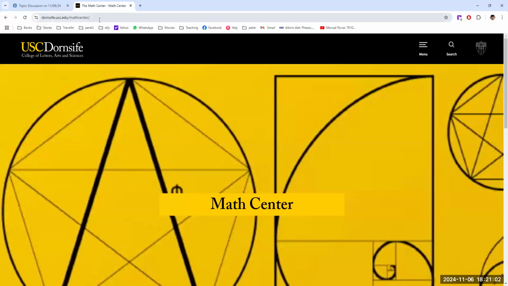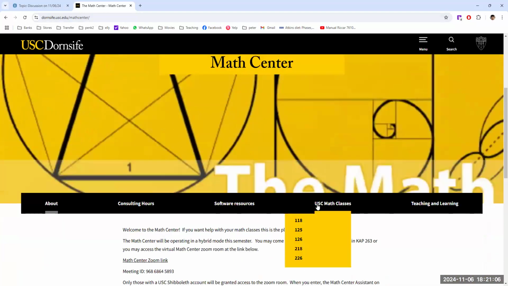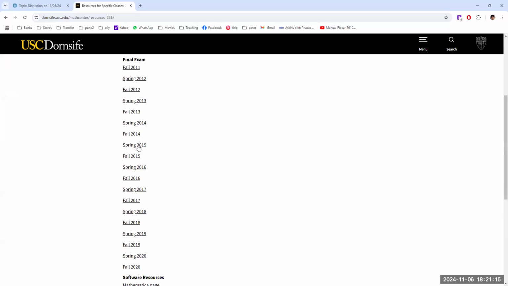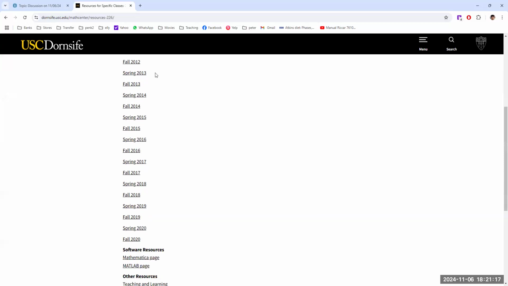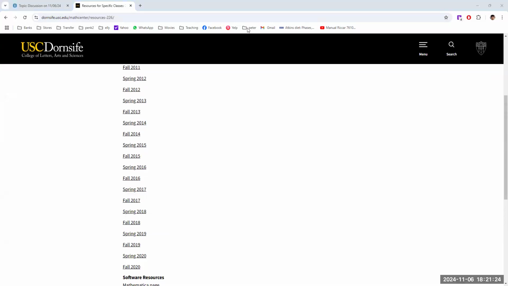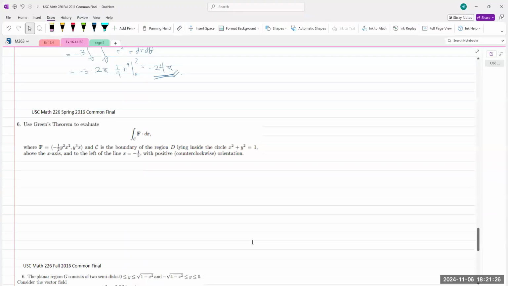Actually, you can just Google it, USC Math Center, and then USC Math classes, you choose Math 226. Because Math 226 is multivariable calculus. So these are the PDF links to the previous tests. That's where I get them. So if you want to see more questions to study from other than just Green's theorem, you can see there. Okay, let's continue.